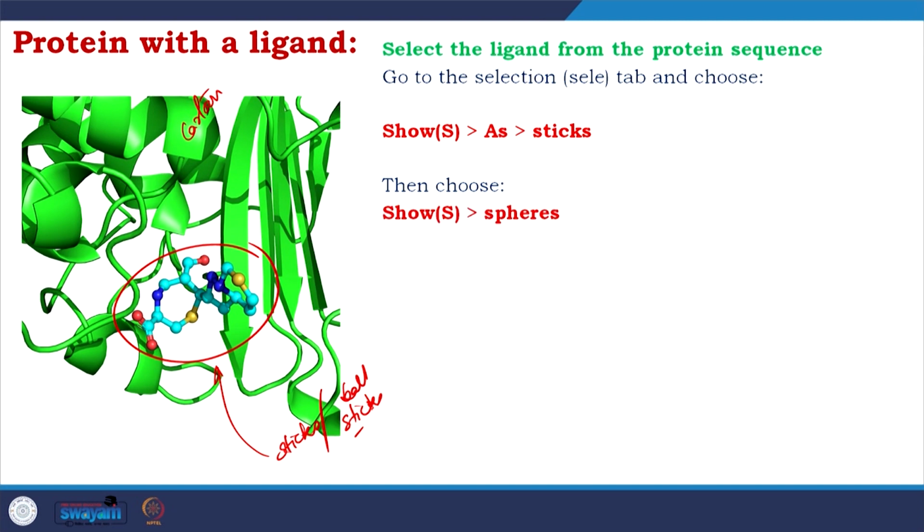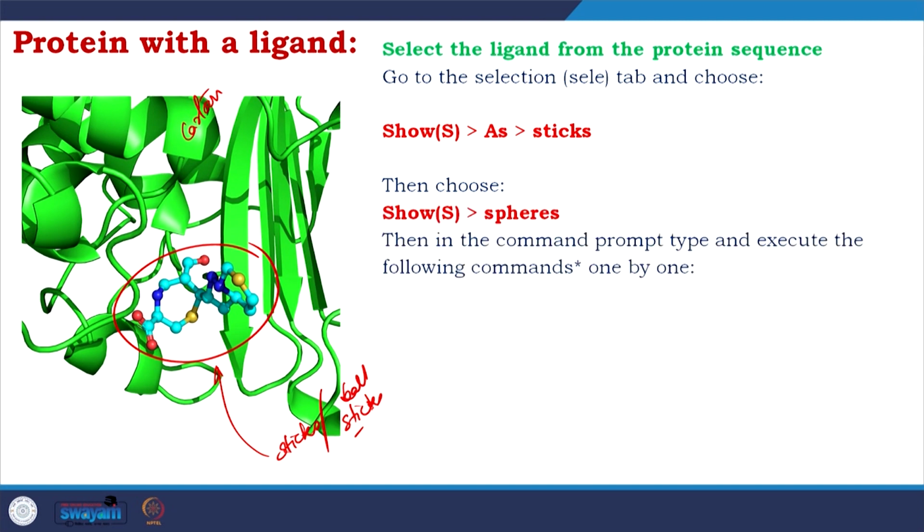After that you choose show spheres, then in the command prompt type and execute the following commands one by one. Set sphere_scale 0.25, Sile. So, what you are doing? You are making the size of the stick and sphere optimized.